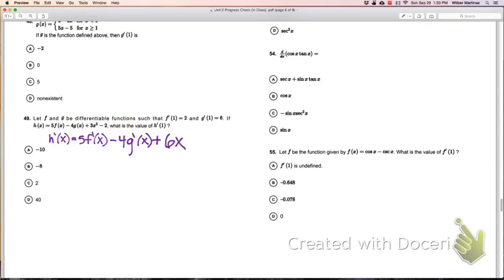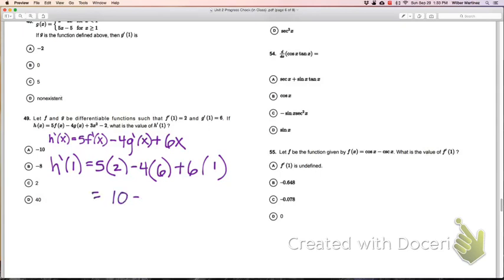So if I plug in 1 now, h prime of 1, I get 5 times f prime of 1. And they told me that f prime of 1 was 2. Minus 4 times g prime of 1. And g prime of 1 is 6. Plus 6 times, I'm plugging in 1 for x, so plus 6 times 1.